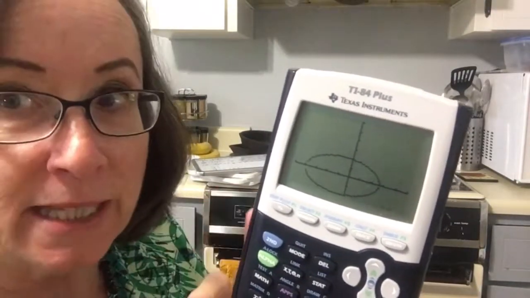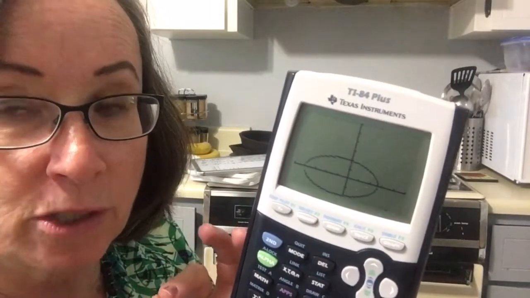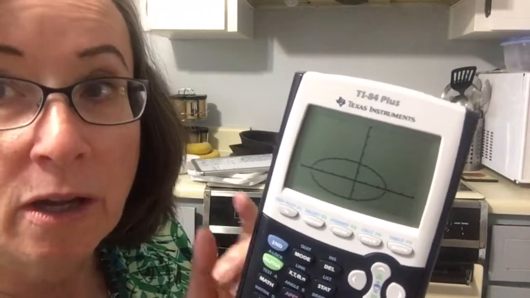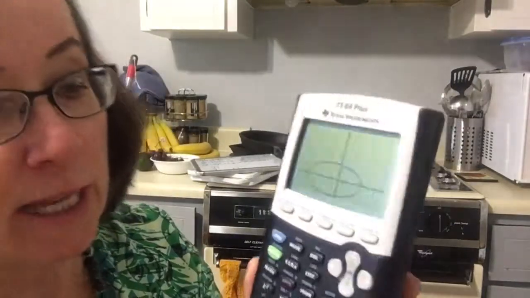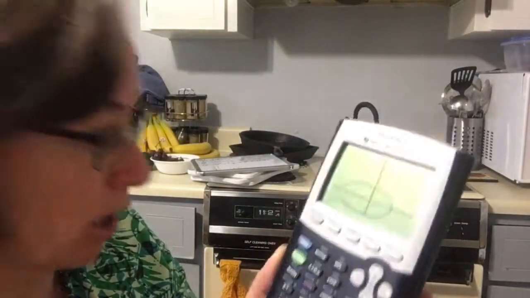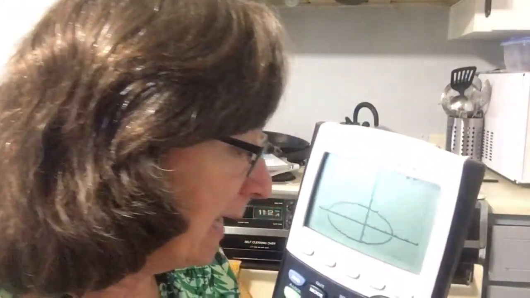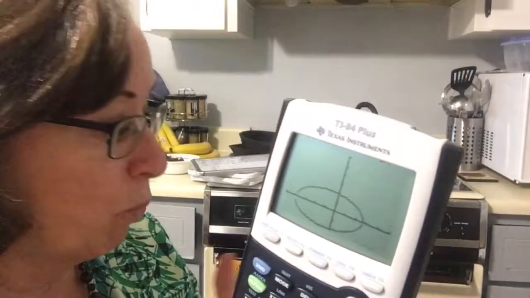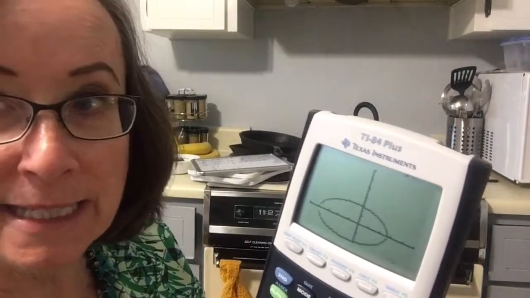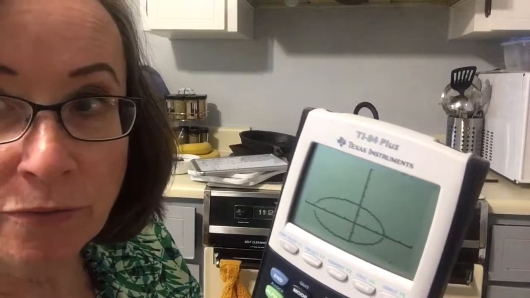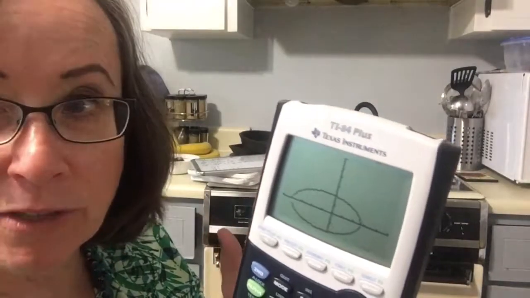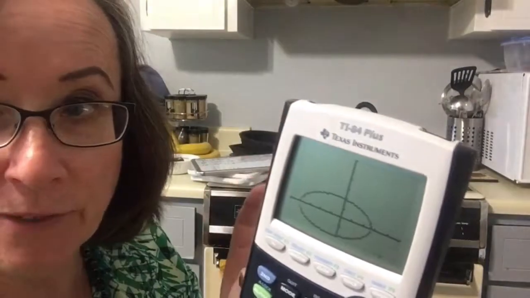Okay, so that's the first thing I'm going to do, and then I'm going to show you how to square the circle using the calculator functions. So first, since the center of this circle is (-2, 0) and our radius is 10, we're going to move the window around the center at -2.